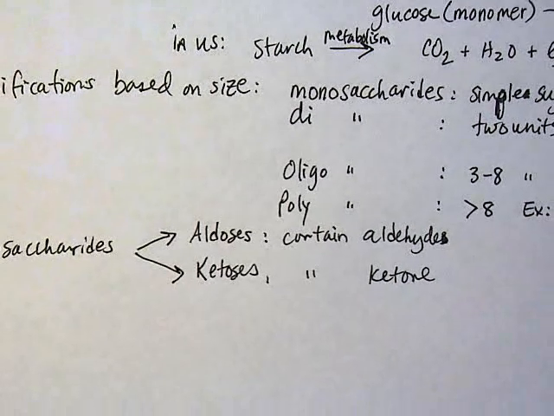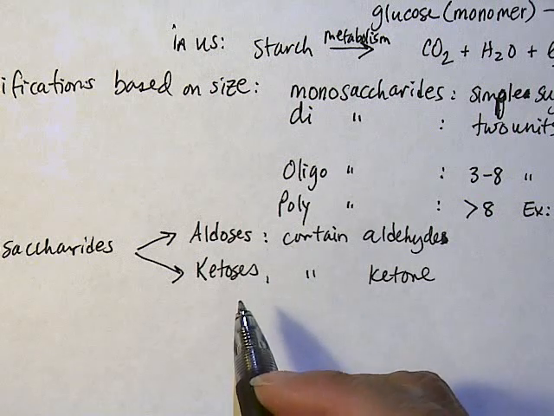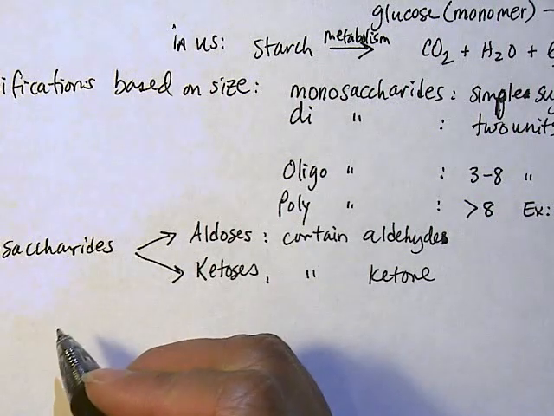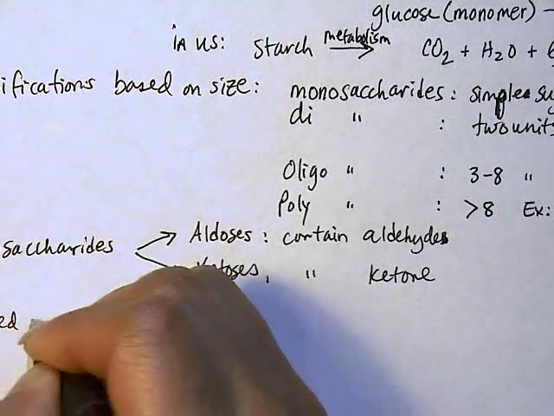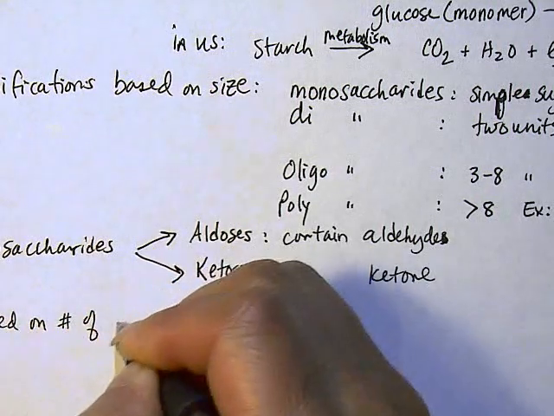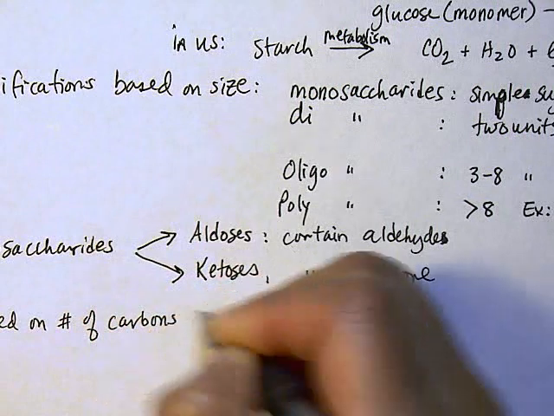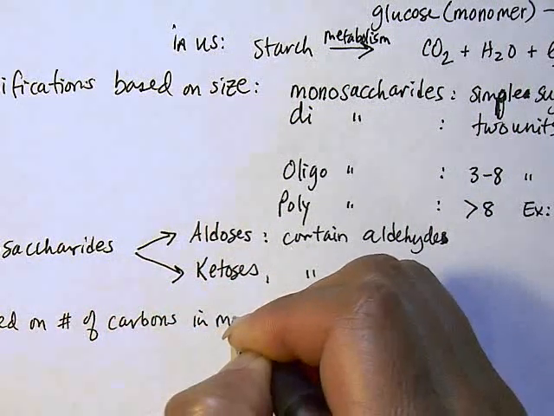All right, aldehyde or ketone, that's how you distinguish. So you look at the structure and then you decide whether it has an aldehyde or a ketone. That's very simple. The second way to classify them is based on the number of carbons in the monosaccharide.